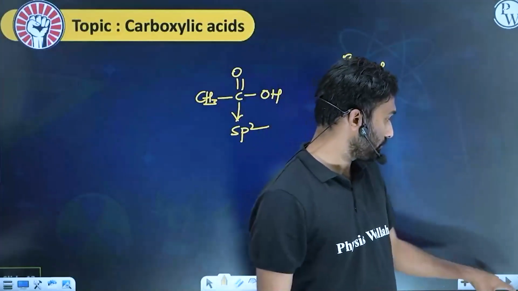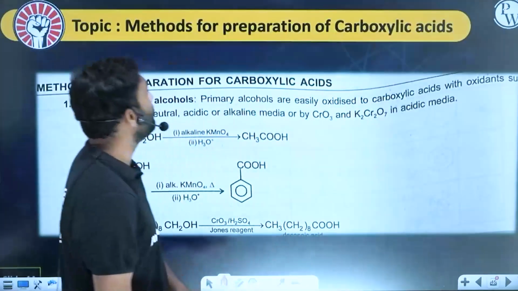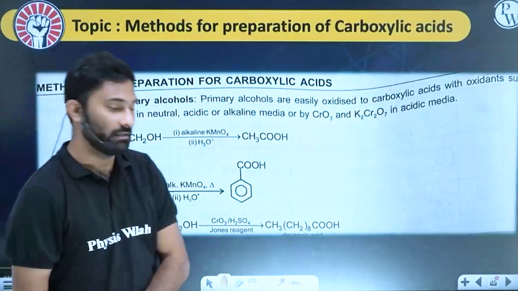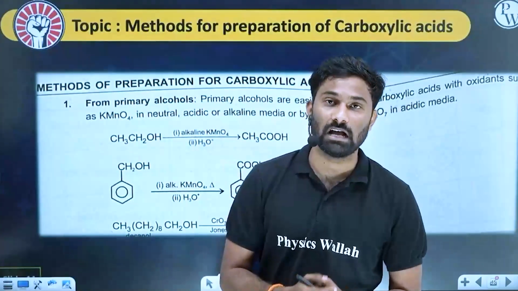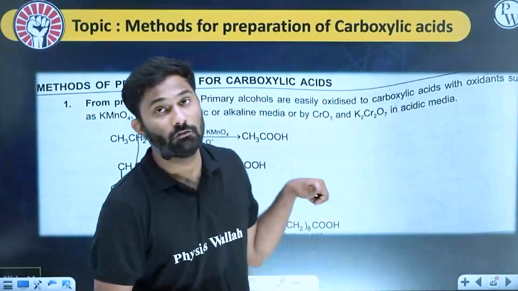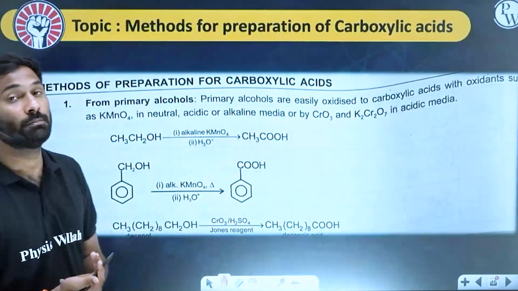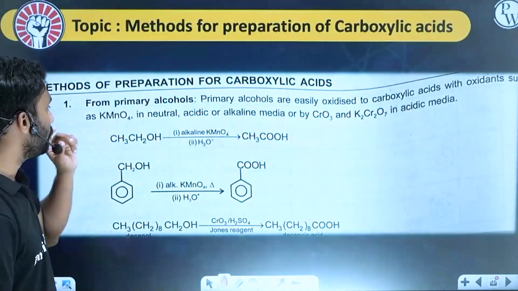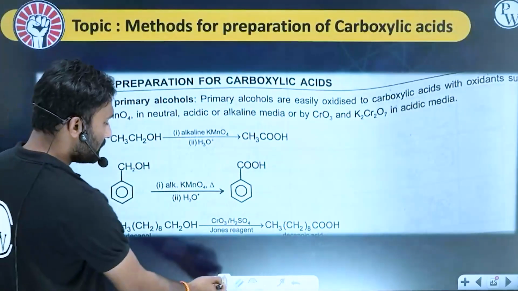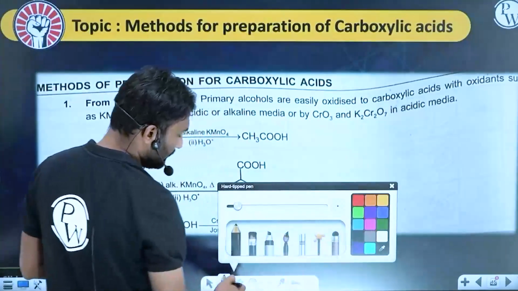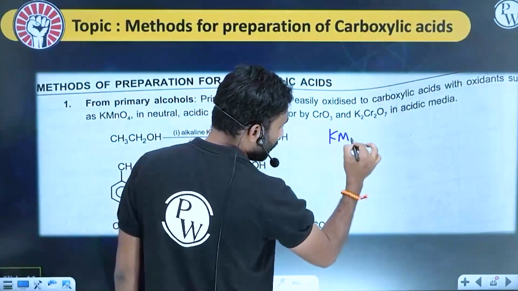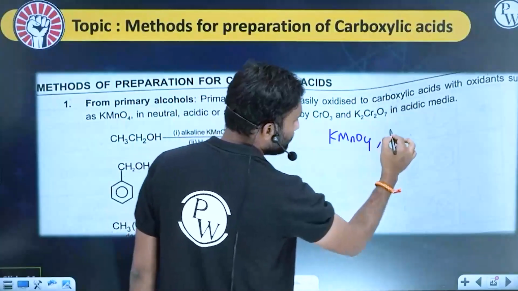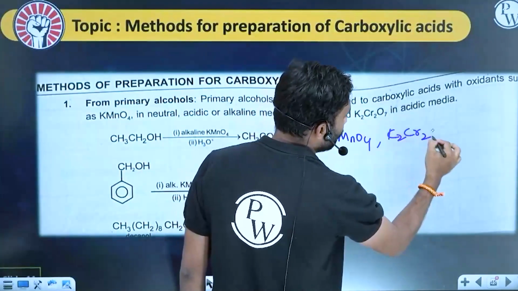Now next we'll see the methods of preparation of carboxylic acid. We have seen the methods of preparation of aldehydes and ketones. Now we are looking at the methods of preparation of carboxylic acid. First, I said strong oxidizing agent, like K2Cr2O7.